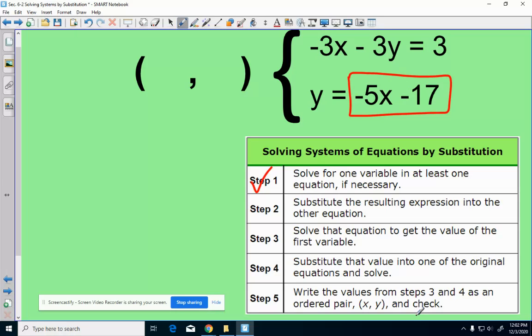Now, this step says I'm going to substitute that resulting expression into the other equation. Where do you think in this top equation I'm going to plug that boxed response? Could you combine the negative 5x and then negative 3 and negative 17?